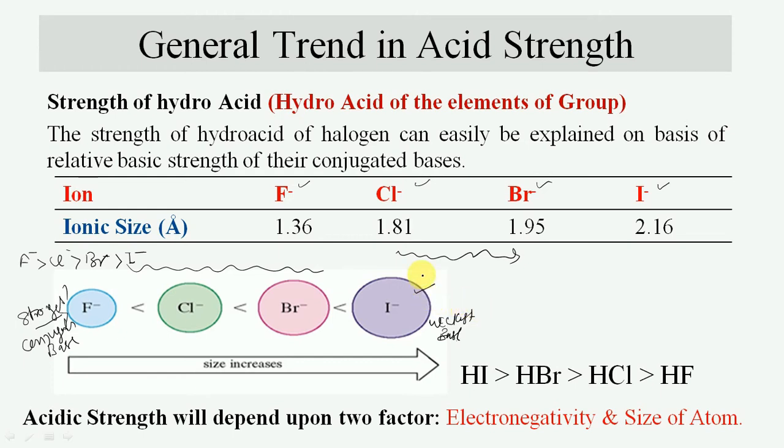So we can say that hydrogen iodide has the maximum acidic strength and hydrogen fluoride has the least acidic strength in terms of their conjugate base.